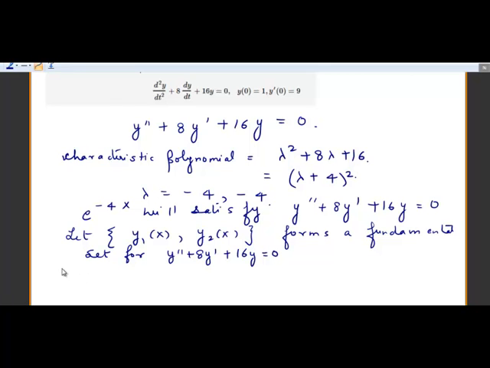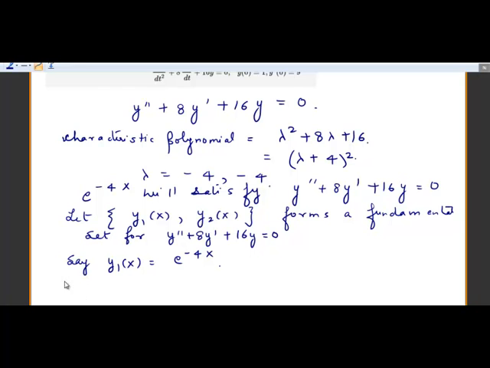So we already know one of the members. Say y1 is equal to e to the power negative 4x. And we are looking for y2. What exactly will y2 be? So what is the Wronskian of y1 and y2 by definition?